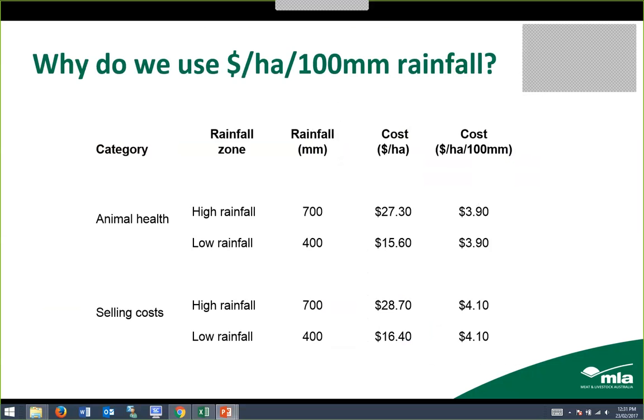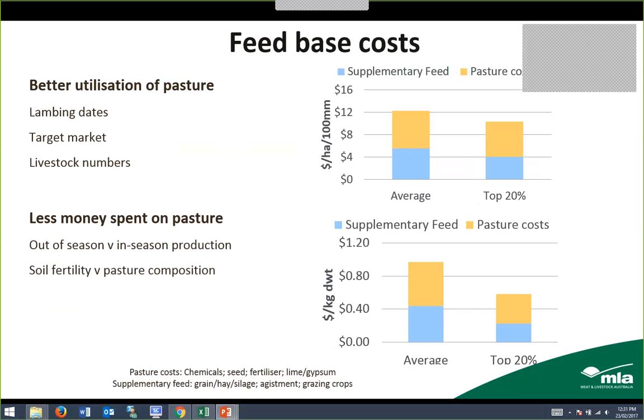Okay, so feed-based costs. What I've done is in feed-based costs, we've got supplementary feed and pasture costs. And in this case, chemical, seed, fertiliser, lime gypsum, and in supplementary feed, grain, hay and silage, agistment and grazing crops. So what happens?